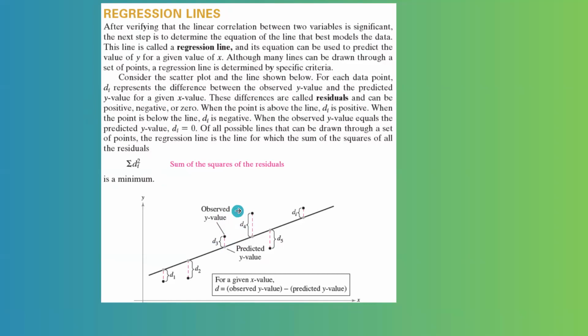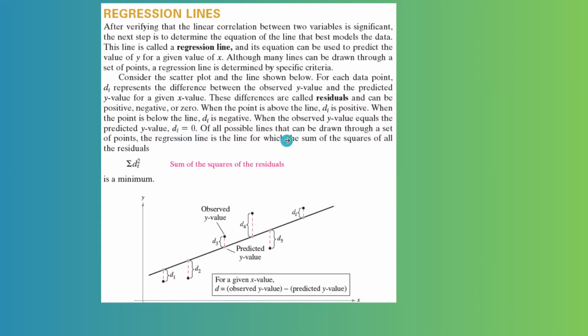The difference between the predicted value and the observed value is positive. But if it's below the line, the predicted value minus the actual value is going to be negative. So the residuals are positive or negative. When the observed y value is equal to the predicted y value, the residual is equal to 0. There is no difference. There is no error.